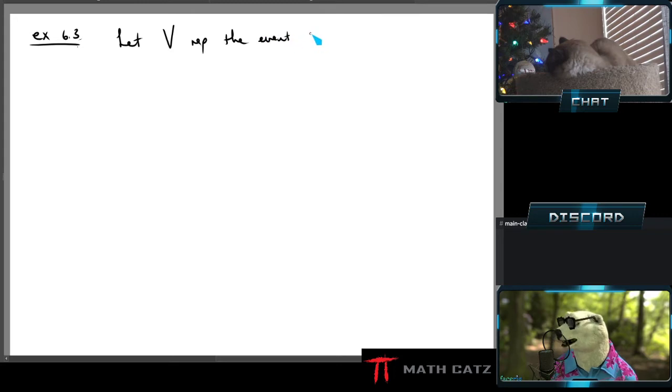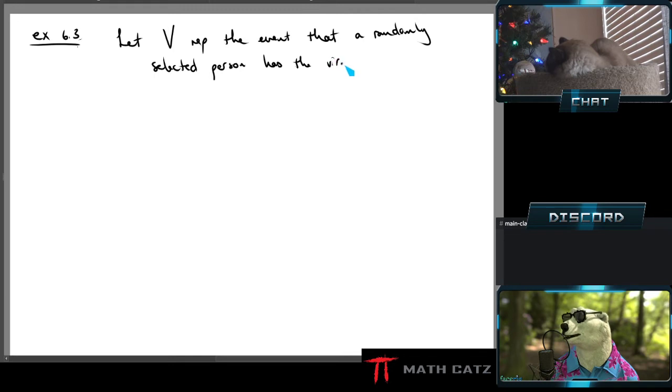So for this kind of question, regardless of the numbers changing, we have this sort of disease virus kind of question, and I'm almost always going to set it up in the following way. I'm going to say, let V represent the event that, I'm going to be very clear here because this is your first example, a randomly selected person, could be you, has the virus, random from the population.